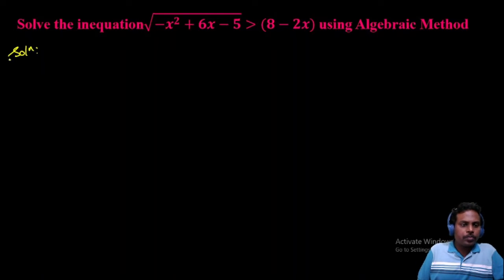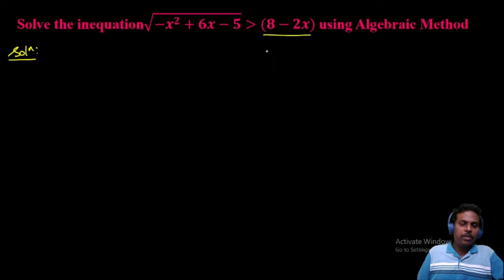Solution here. What we usually do, like in the previous problem, is that since under root some function is there, this must be greater than or equal to 0, and we are going to square it. But before squaring, one has to be careful because we cannot square it directly, since we don't know whether 8 minus 2x is positive or negative. 8 minus 2x can take both positive as well as negative values.